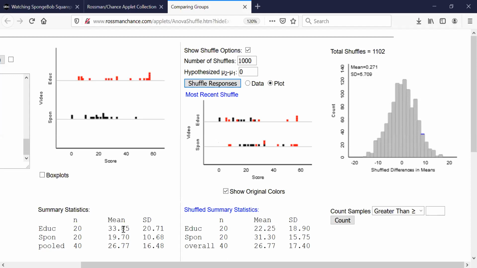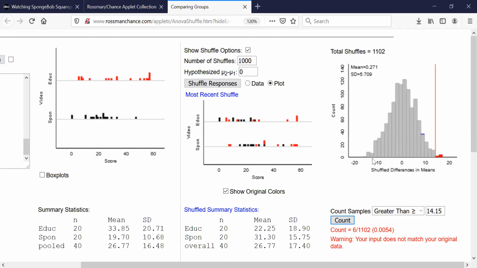So what are the chances that the difference between the educational group and the SpongeBob group is as big as it was just due to random chance? Well, if we take this 33.85 and we subtract 19.70, we get a difference that is 14.15. So let's try that. What's the probability that the average for the second group is 14.15 greater than that of the first group?